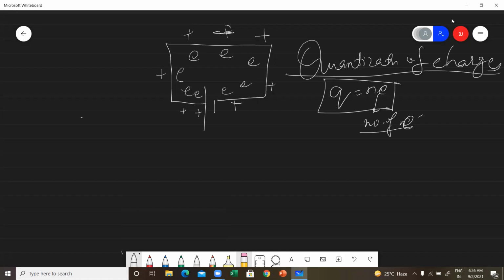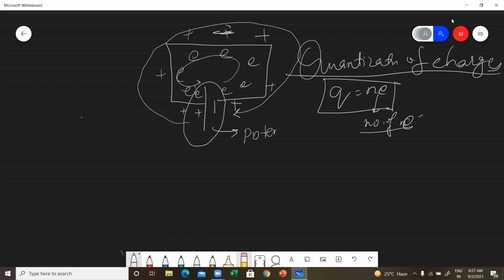That is my N. Now, the next point that we will study here is potential. Whatever the number of electrons are moving from negative to positive, and protons are going from positive to negative, there is a potential difference created in the battery. Potential difference is always generated in our battery.